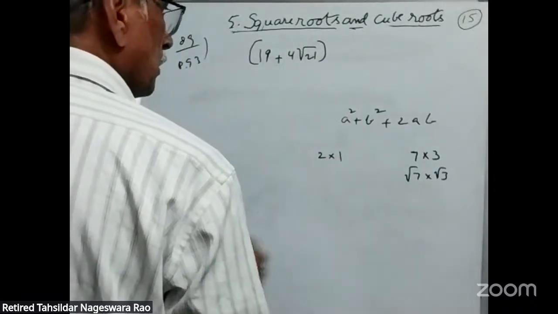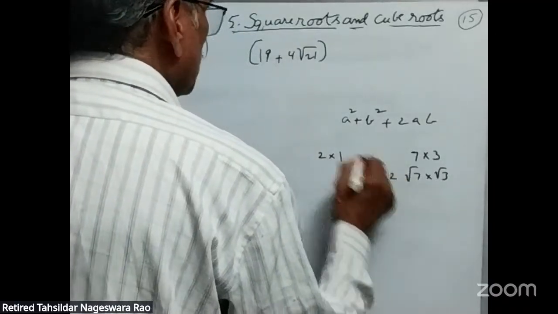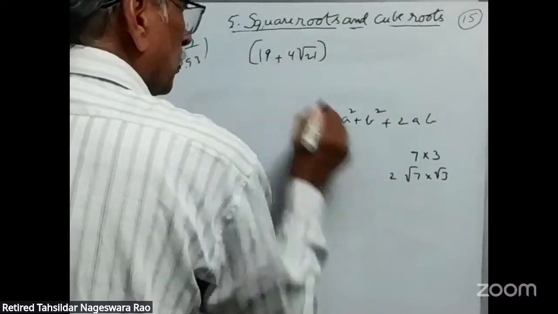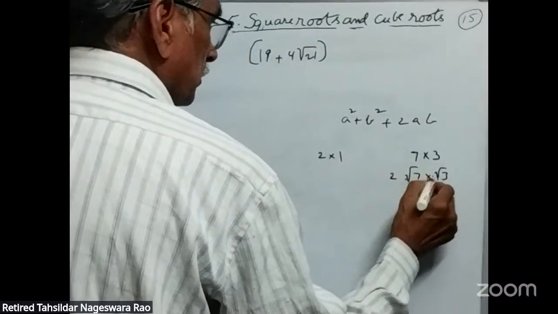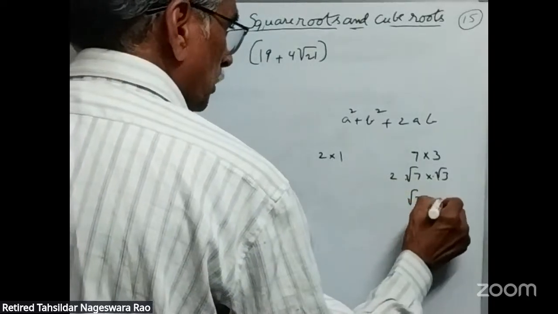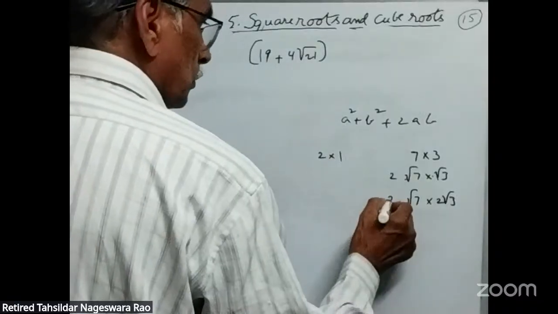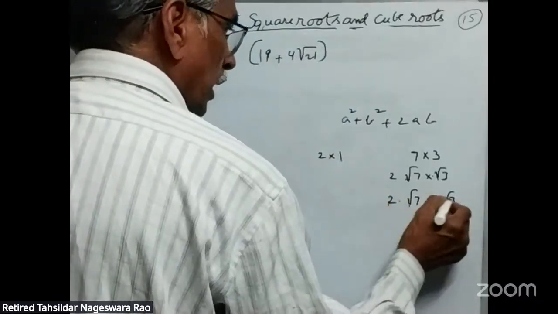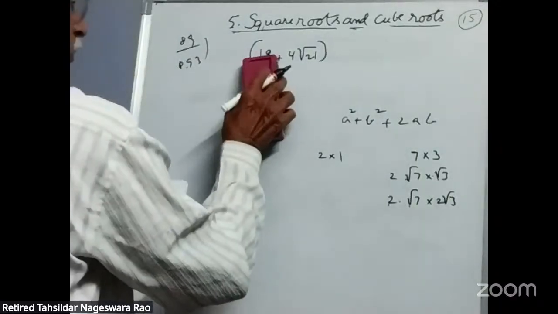Okay. So if it is root 7 into root 3 multiplied by 2, we will not get 4 here. So somewhere you have to take 2 here. Root 7 and 2 root 3 are 2 into 2 root 7 and root 3. Then we have to look at this one.